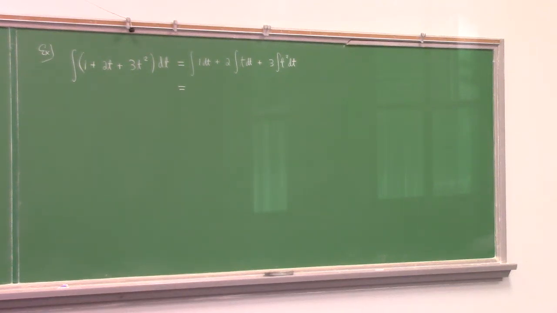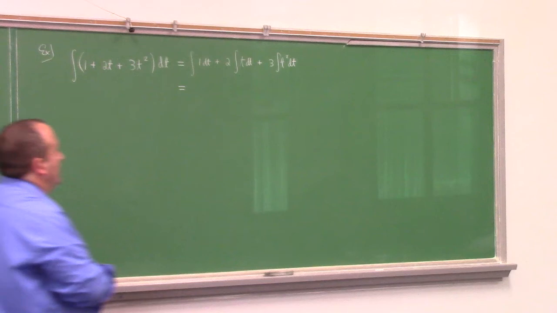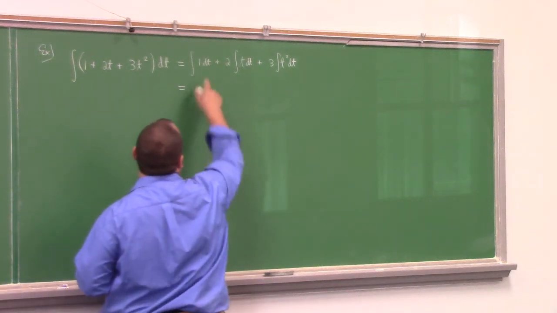So my question to you is, if I want a function whose derivative is the number 1, what's my function of time t? What would the integral of 1 dt be?